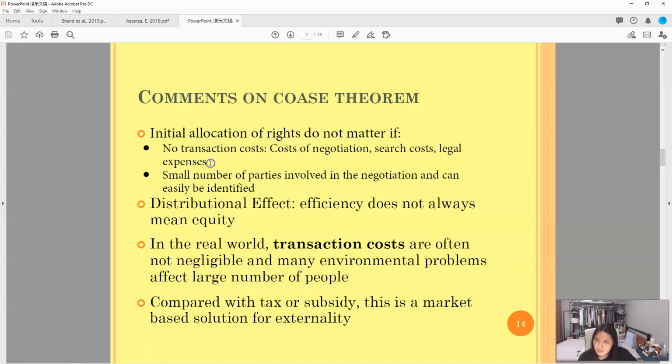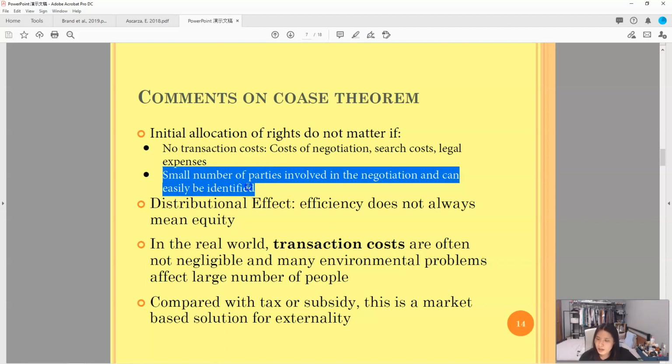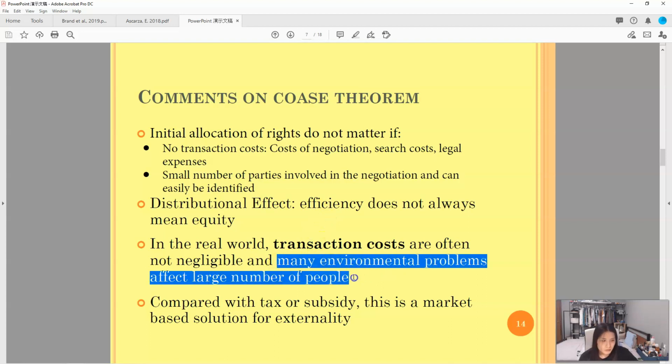The first one is that there are no transaction costs, but in the real world, the transaction costs are not negligible. The second condition is that there are a small number of parties who can easily be identified. But in the real world, environmental problems like air pollution and water pollution affect a large number of people, and those people cannot be easily identified.